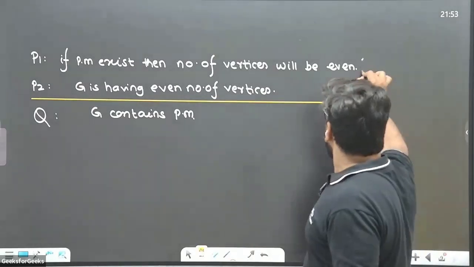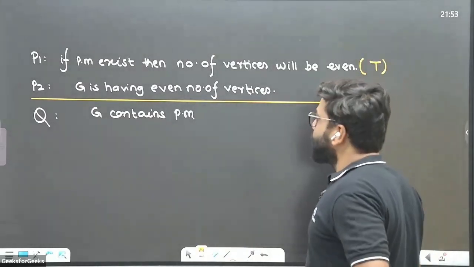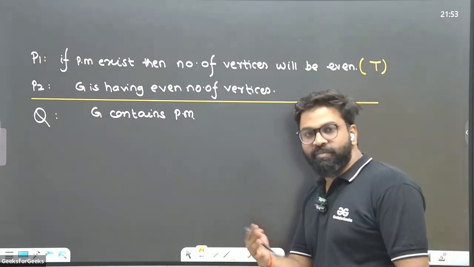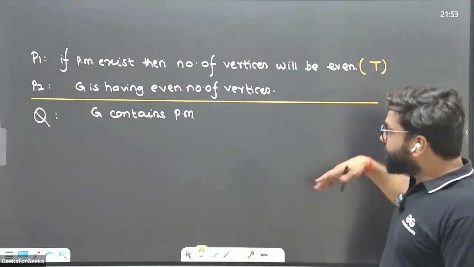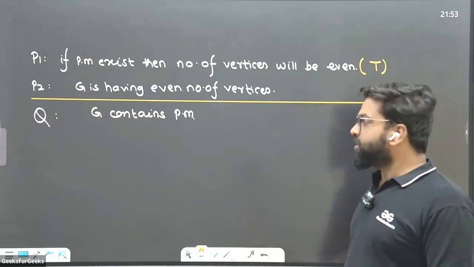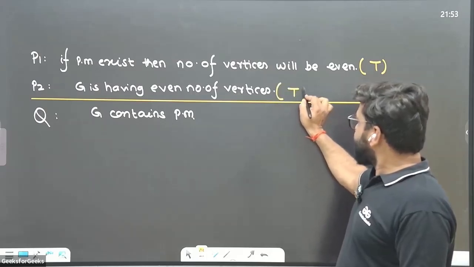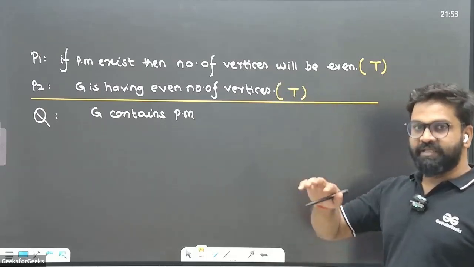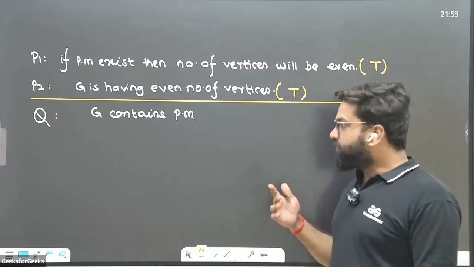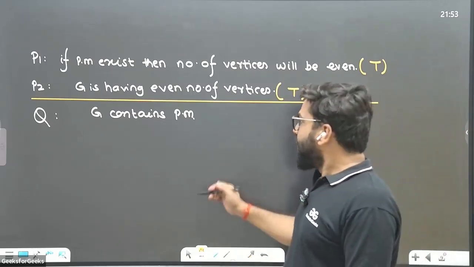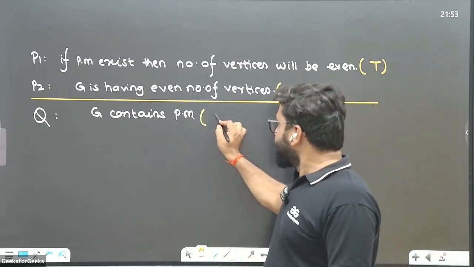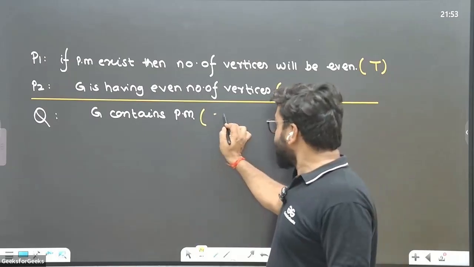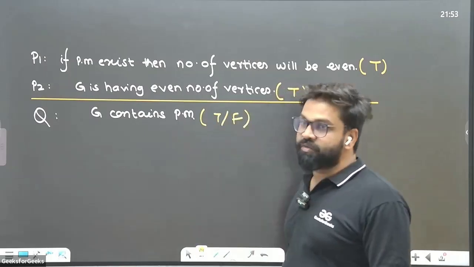That means even if I consider this statement as true, that if perfect matching exists then the number of vertices will become even, and even if I consider the second statement as true, if I consider my first premise as true and my second premise as true, and then I check my conclusion, the conclusion must be true. But here it is showing sometimes it is true, sometimes it is false.